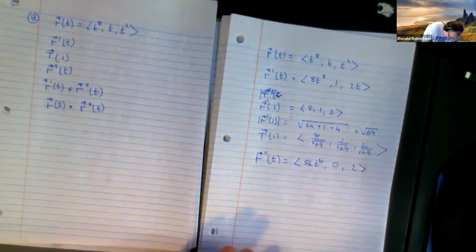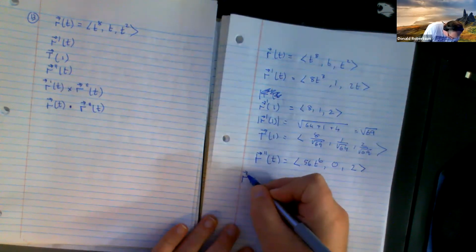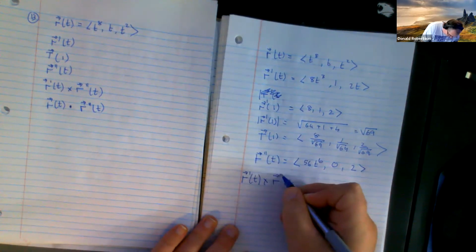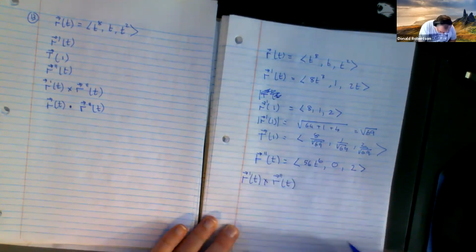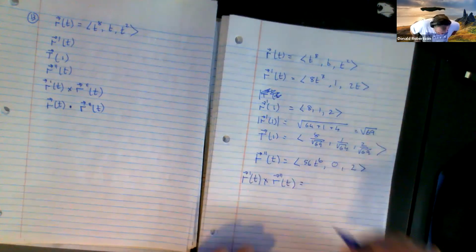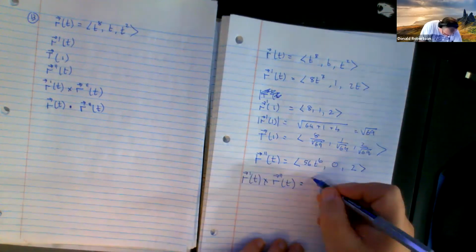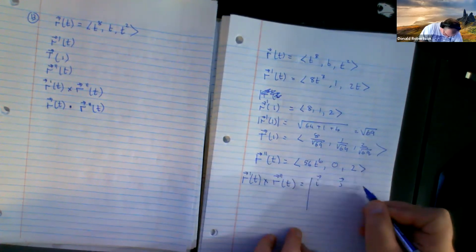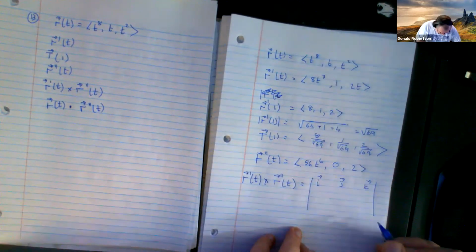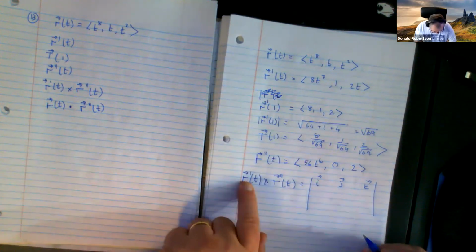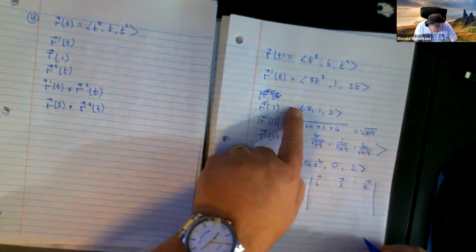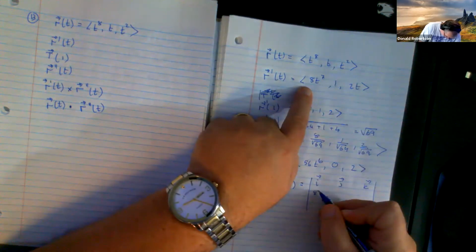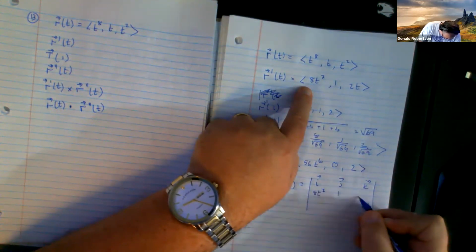Now I want to find the cross product of the first and the second derivative. So it's going to be i, j, k. And this guy is the first derivative, so it's 8t to the 7, 1, 2t.